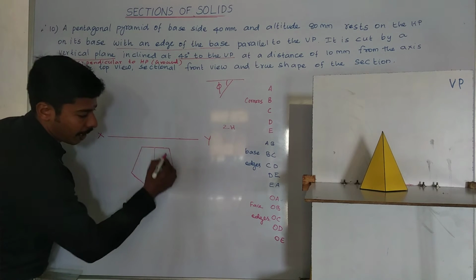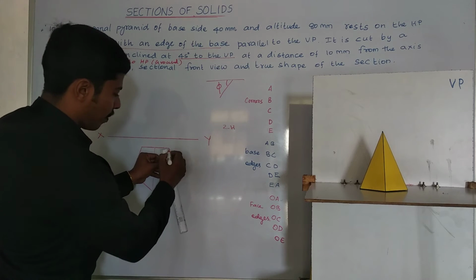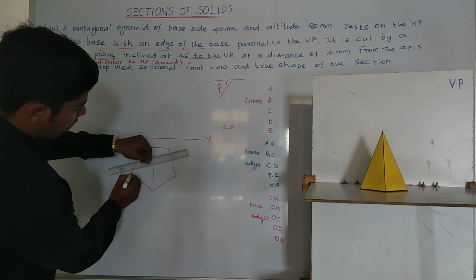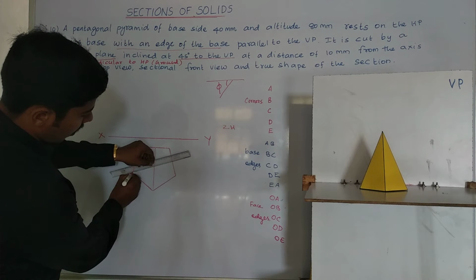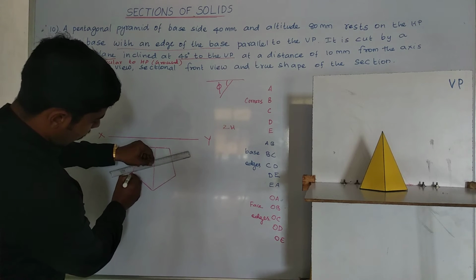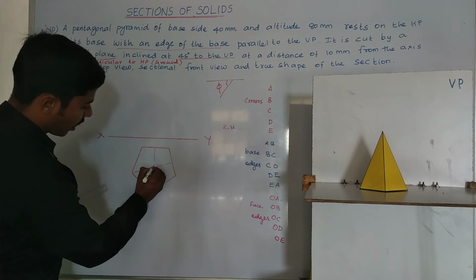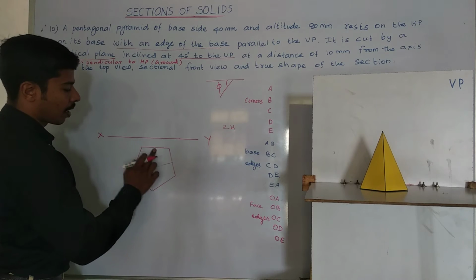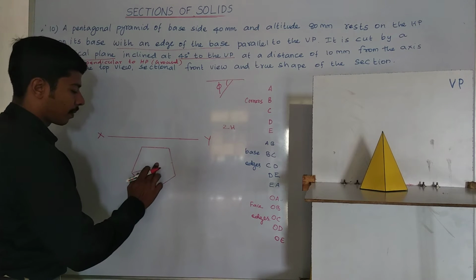Similarly, I find the midpoint of this edge, then connect to the opposite corner. Now we get the center point. Okay, I erase the extra lines.